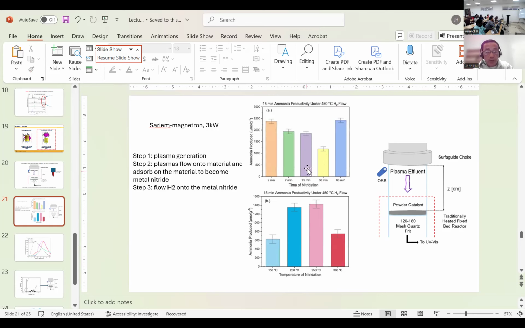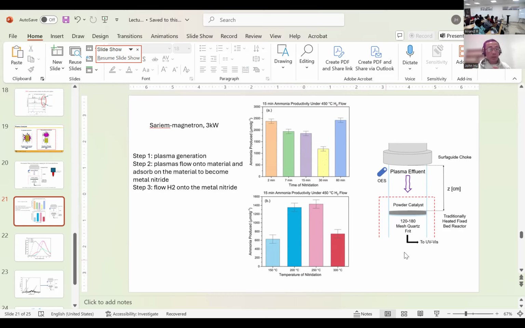We treat the same for 15 minutes, and then we run a different temperature. We found that 200 degrees C, 250 degrees C really gives more ammonia. And 150 degrees is too low. So it looks like the optimal temperature of this material is probably 200 degrees C to 250 degrees C.